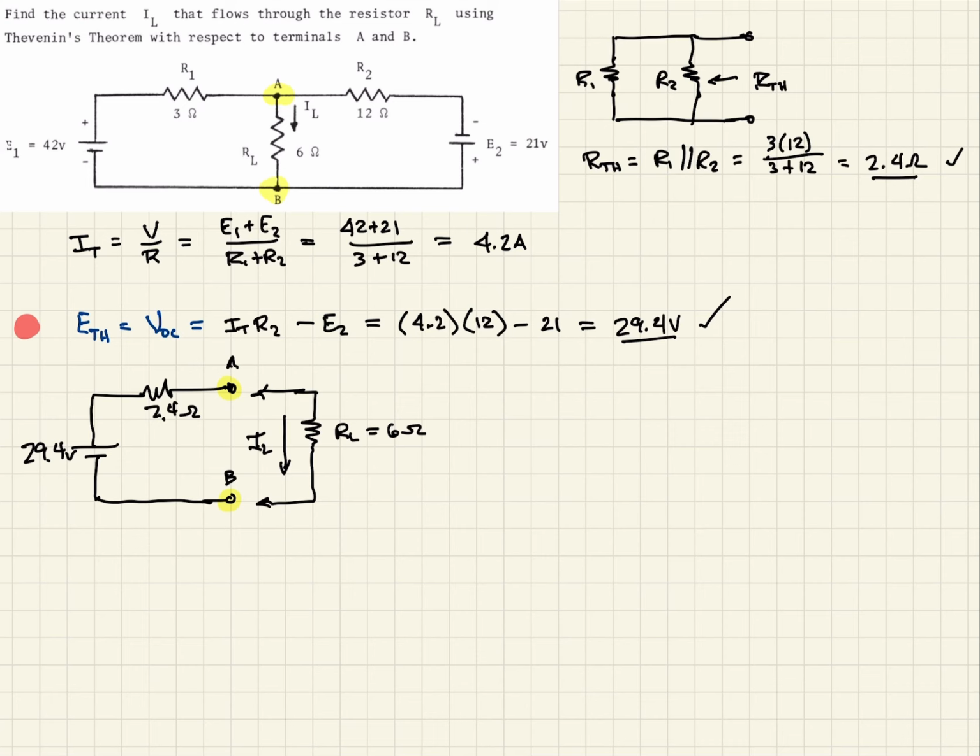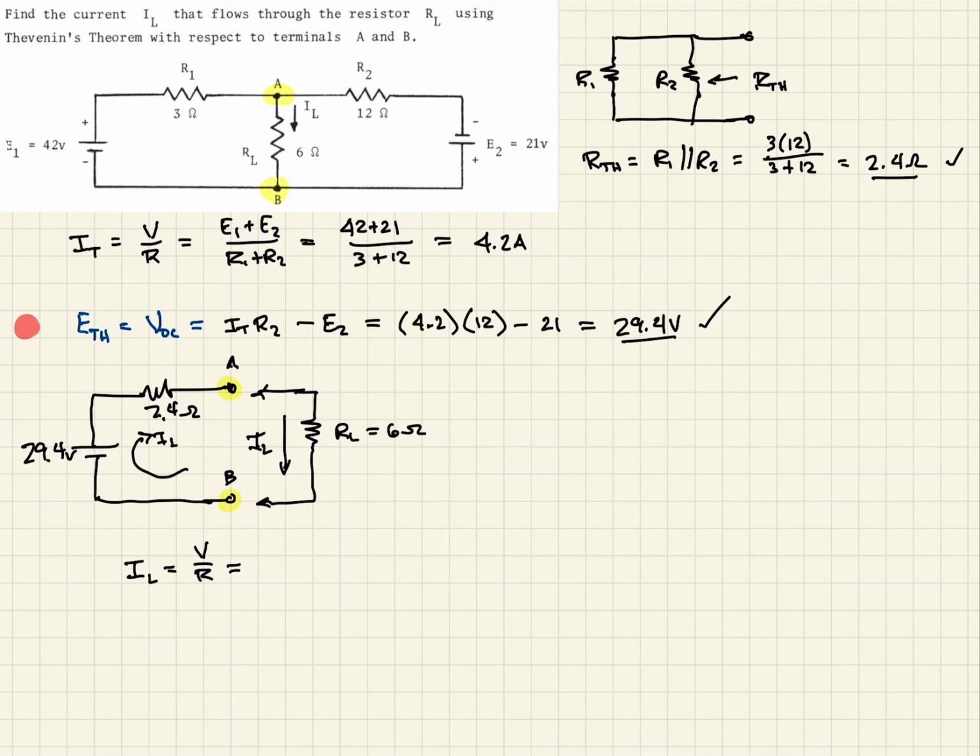Well, because this is just a single loop, I_L is going to be flowing through the whole circuit, right? So now this just becomes a simple Ohm's law equation. We're solving for I_L, which is just the voltage over the resistance in our circuit.